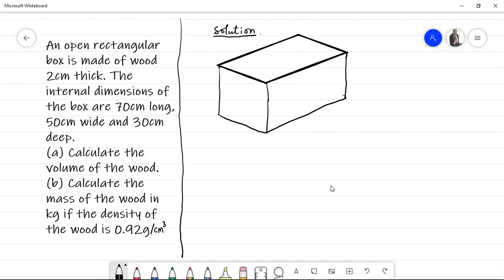Now this is a rectangular box, which I've been able to sketch, but you will observe that I have not shown the internal dimensions. This is just showing the external of this box. If I'm to show the internal dimensions, I'm going to have to do something of this nature. Maybe pick a point here, a point here, a point here, and then a point here, just to simulate the internal part of the box.